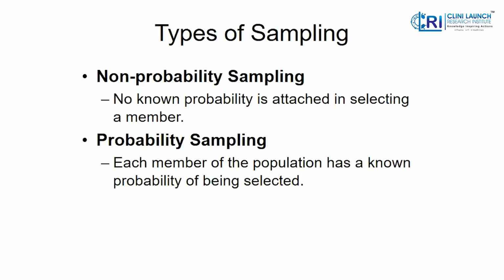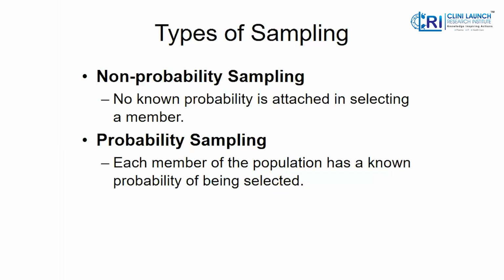So what is non-probability sampling and probability sampling? What is the basic difference between these two broad categories? As the name suggests, the basic difference is the word probability, which is a measure of how likely an event can occur. Here we are very much interested in a unit of population which is coming into the sample, and hence we can say that in probability sampling, each member of the population has an equal chance of being selected.